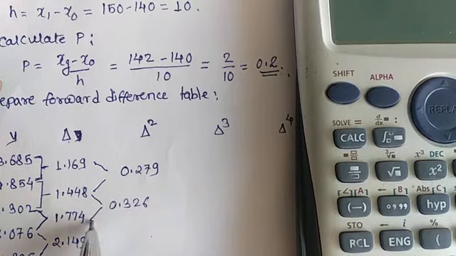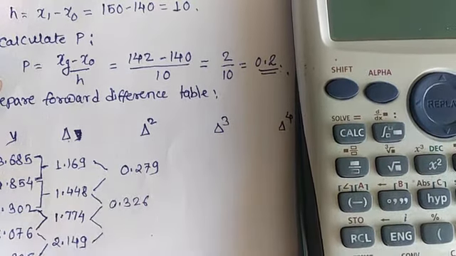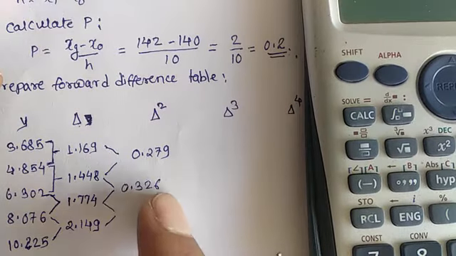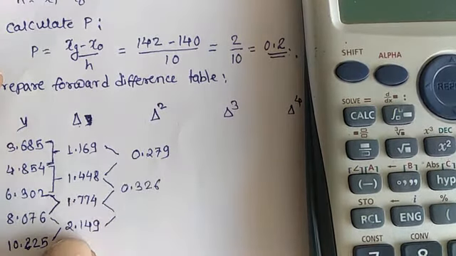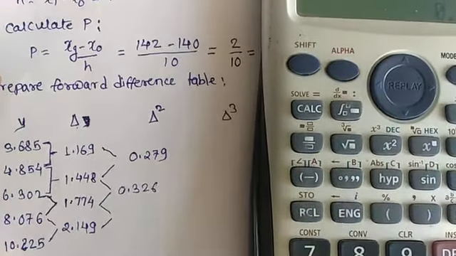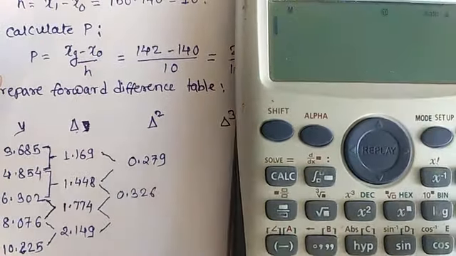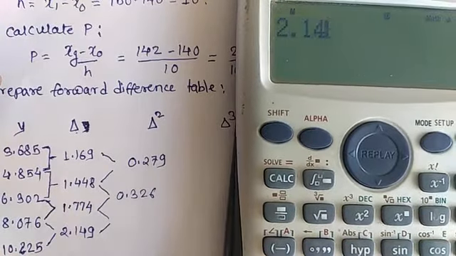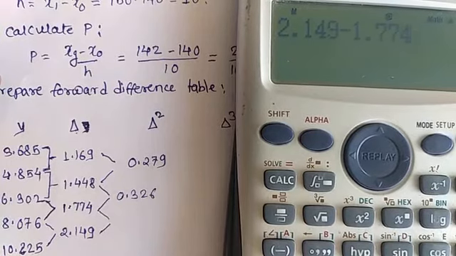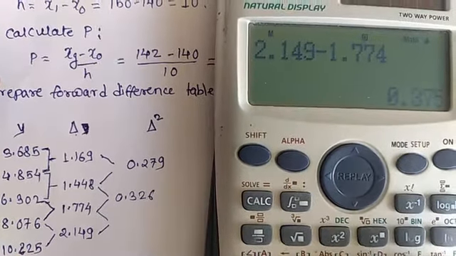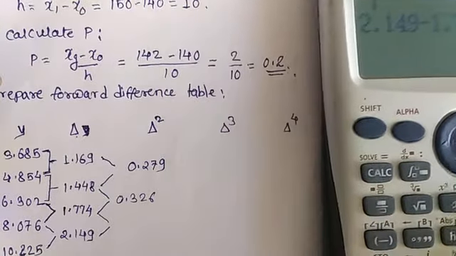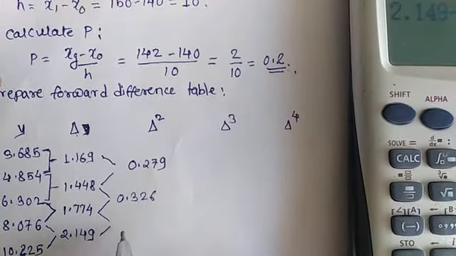In each column you will observe that one value is fewer than the previous column. Next, 2.149 minus 1.774 is equal to 0.375.